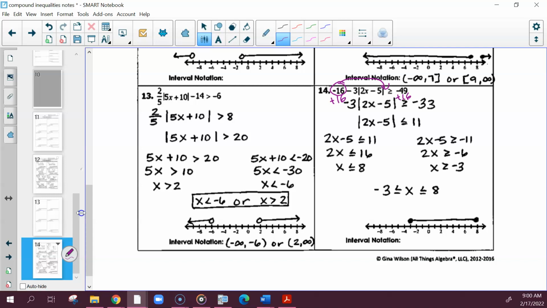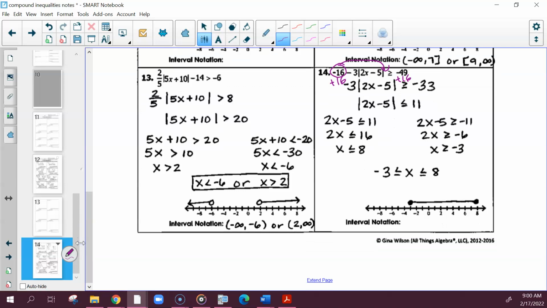I didn't change the sign, but it still worked. That may have just happened to work. Try not to do that in the future. The -3 is less than or equal to x, which is less than or equal to 8. And then this should be from -3 to 8 in square brackets.